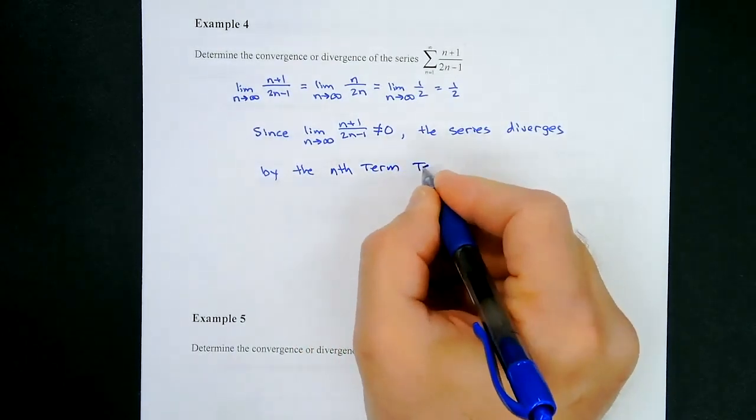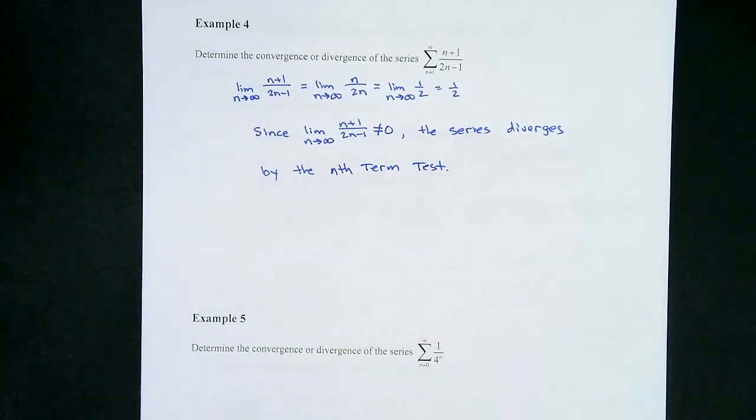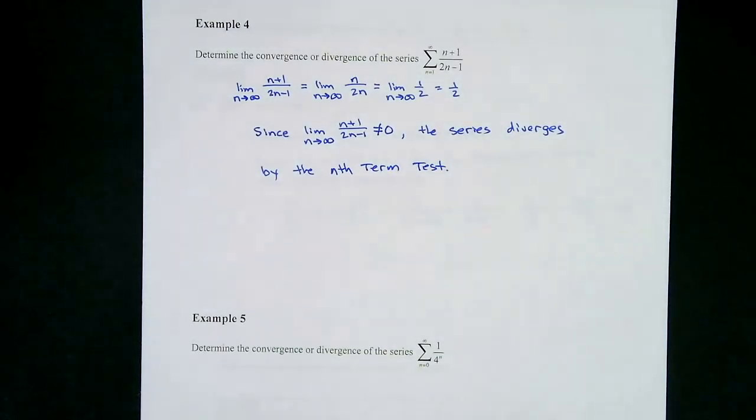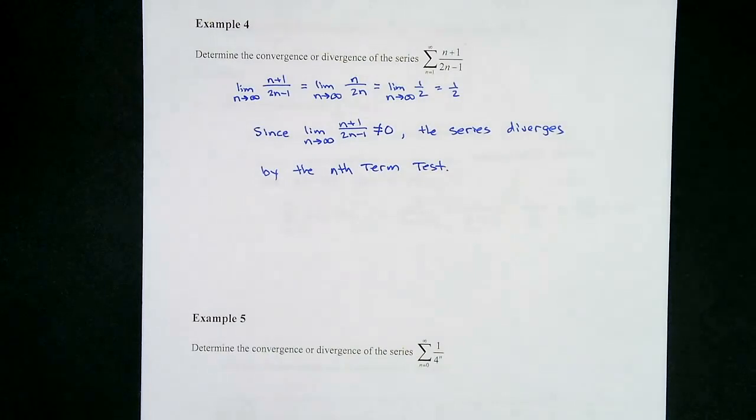It's really easy to get confused and think, oh, if it goes to 0, then that means it converges. And that's not true. Not necessarily true. It could be true, but it doesn't have to be true.